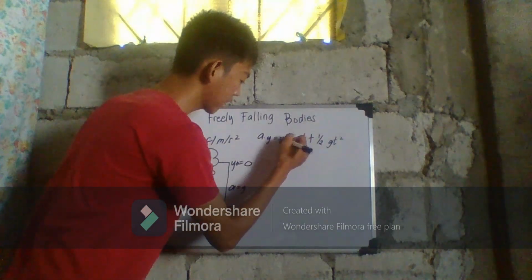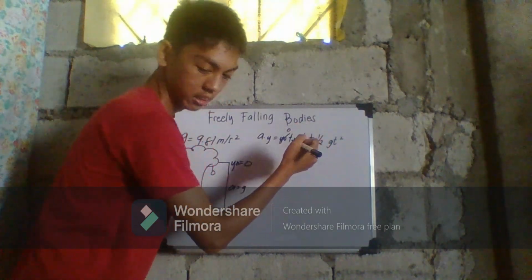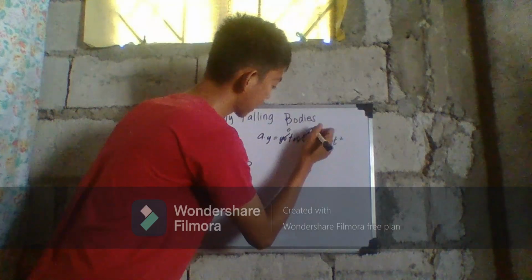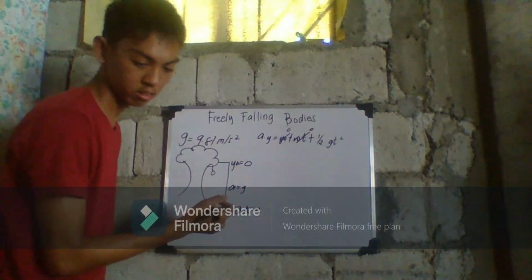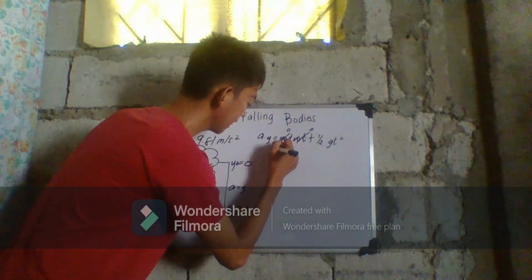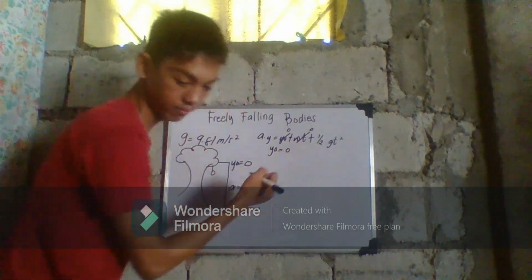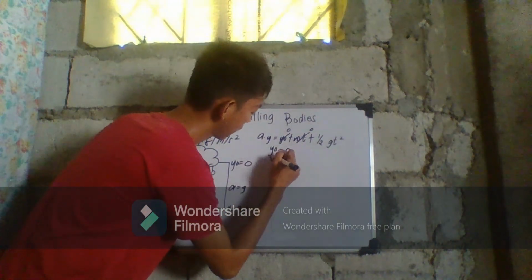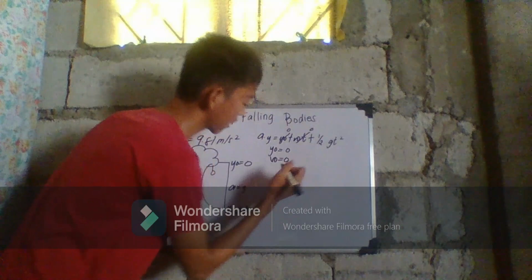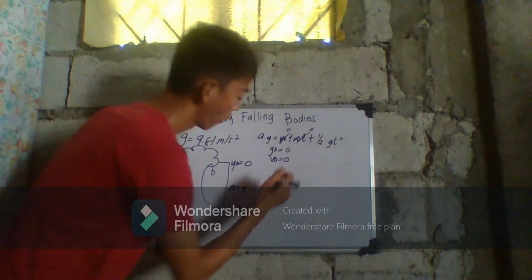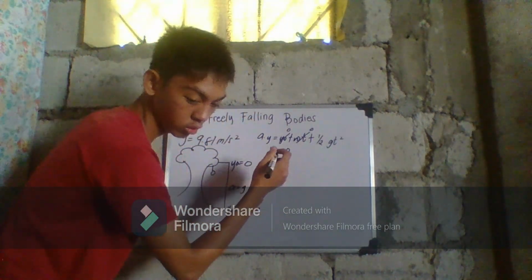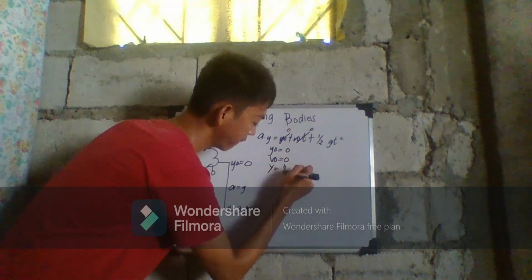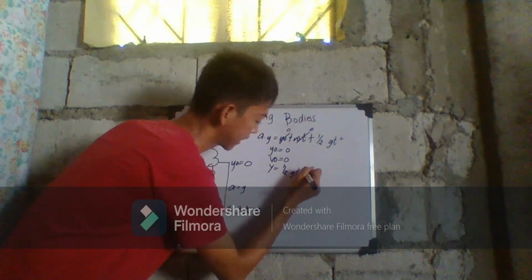Let's cancel this y sub 0, which is 0. Then v sub 0 t, we also cancel since it is 0. So, y sub 0 is equal to 0, v sub 0 equals 0. So, y is equal to 1/2 gt squared.